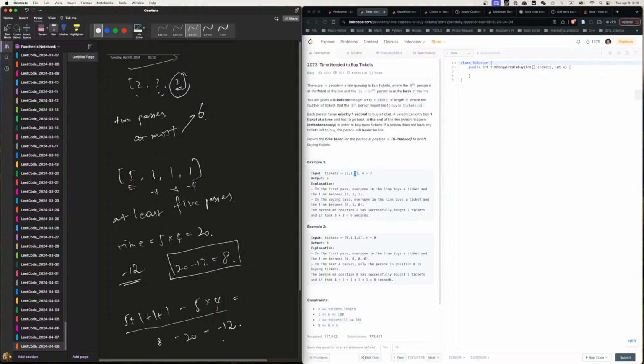So that minus 12 is what this one is. And then we run this to know how much extra time there will be. And then, okay, so here is my solution for this.